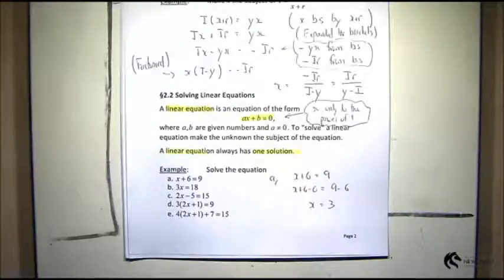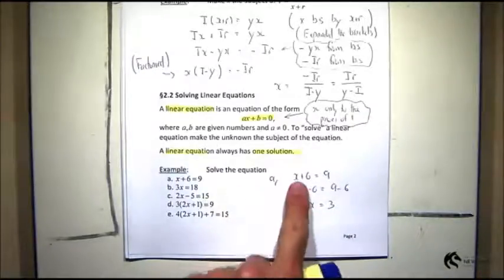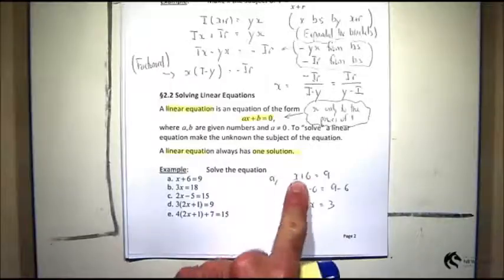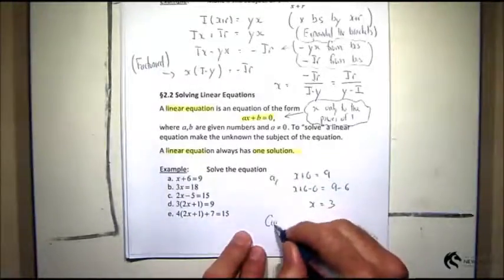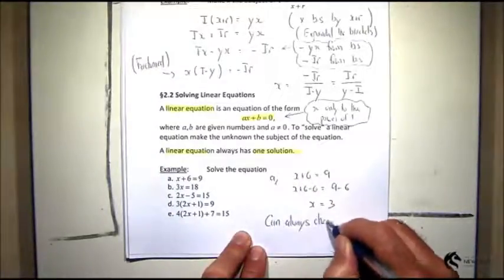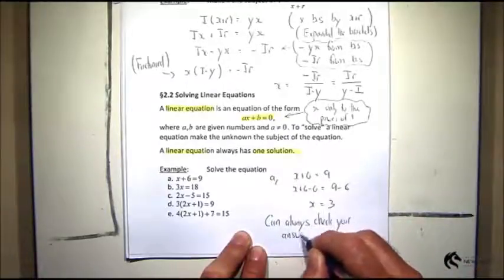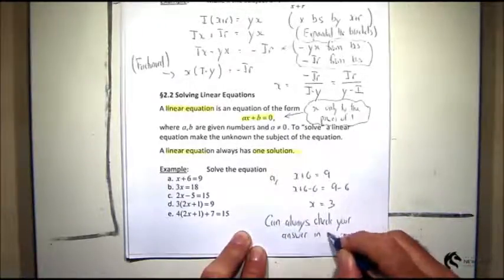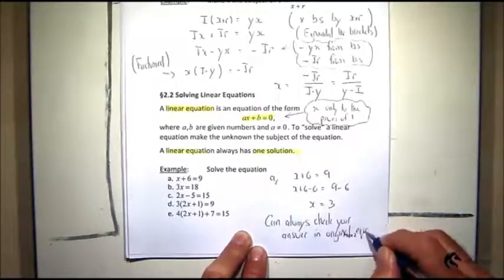And the important lesson, of course, is that you can always check your answer. Go back to the original equation and put x equal to 3 and make sure it works. 3 plus 6 is 9, yes, that's correct. So you can always check your answer, and the best spot to check it is right back in the original equation.